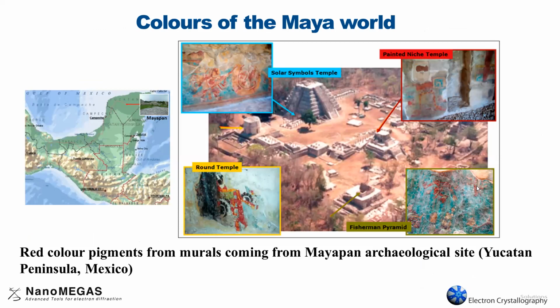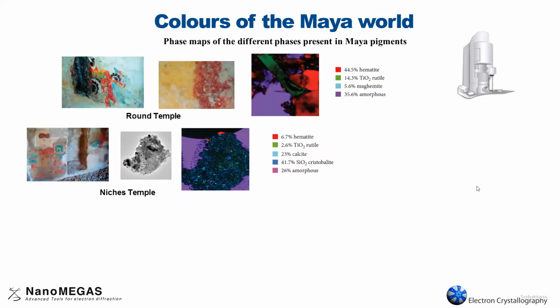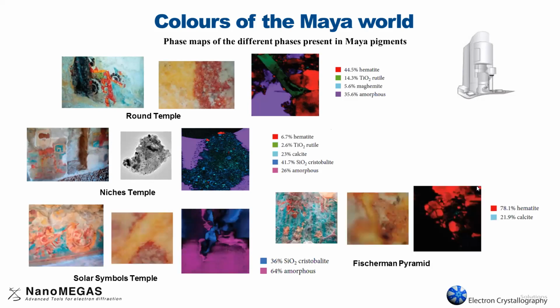Several pigments with different colors have been analyzed, blue, green, and red, in order to understand the nature of the materials used for their preparations. Here I'm going to talk only about the red color pigments. Detailed phase mapping by the STAR technique confirmed the presence of hematite as one of the major components for the red color pigments found in the round temple or fisherman temple.